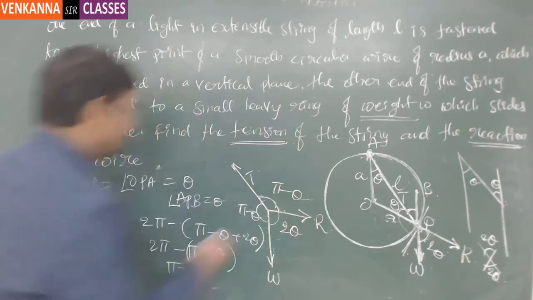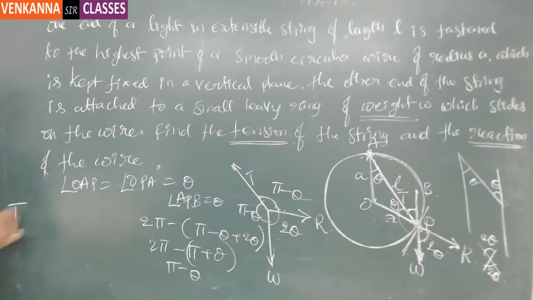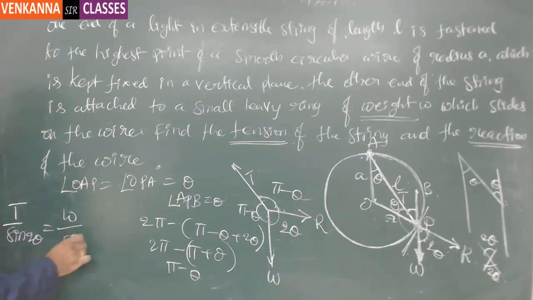So for applying Lami's theorem, you can write T by sine 2 theta is equal to W by sine pi minus theta is equal to R by sine pi minus theta.